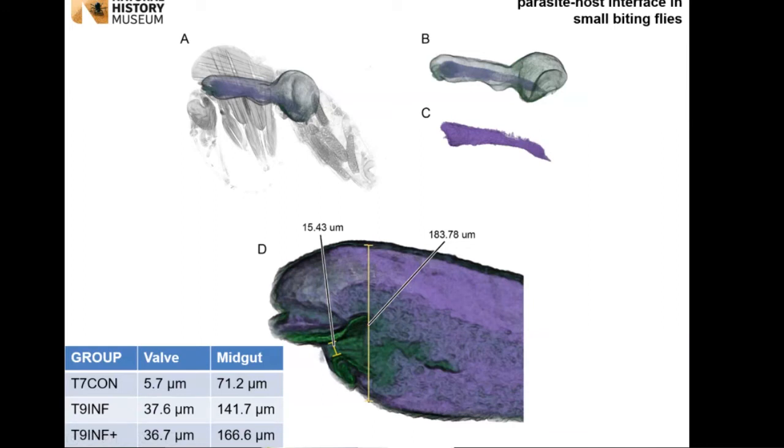But you can see that both the infected flies have a much more open valve and much wider midgut than the control fly. So again, these infected flies are very affected by the infection. They're flying around very bloated.